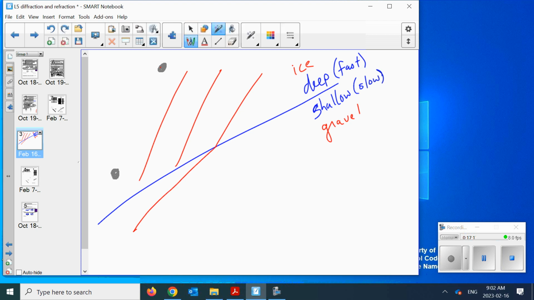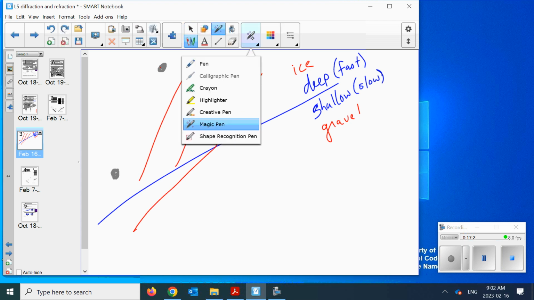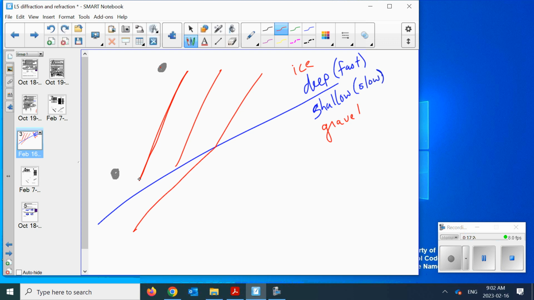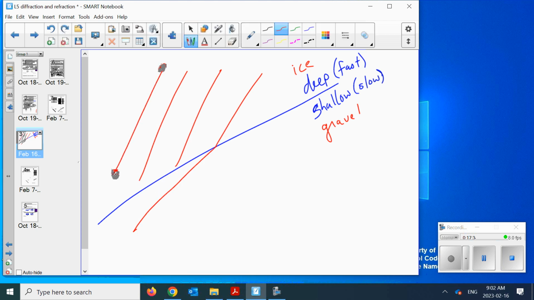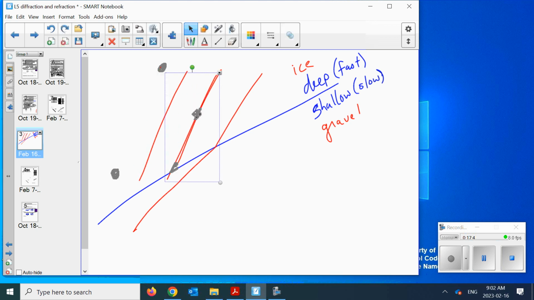I can't move them. So another way it comes in: boom, boom. It catches, right? It also does the same thing, right? And so that's why this effect here happens.